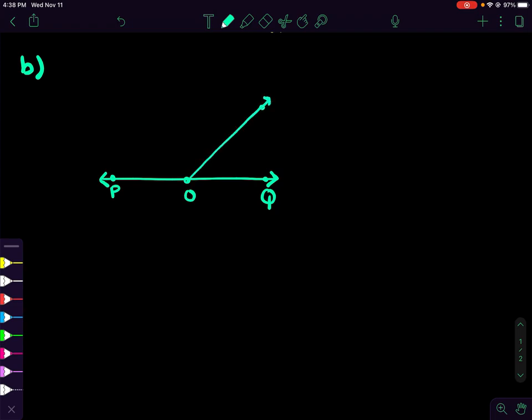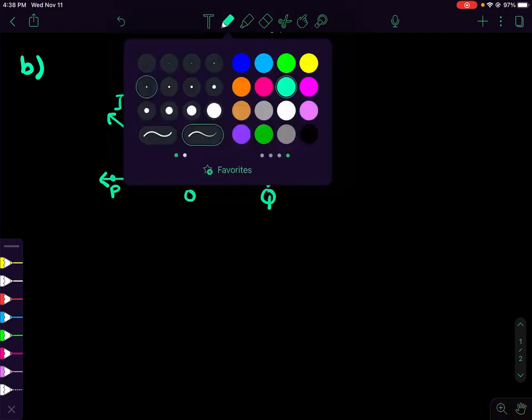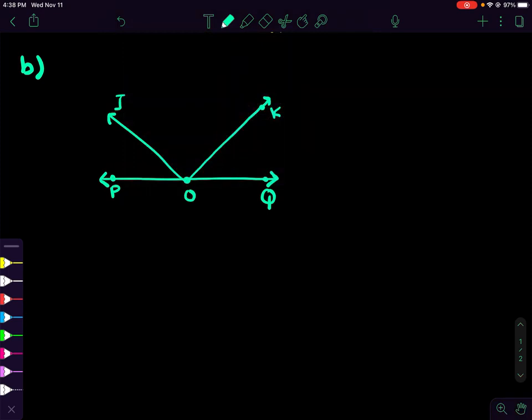This line is KO. This line is JO. That's how we call the lines. We only have the measurement of KOQ, which is 28. It's given in the question.